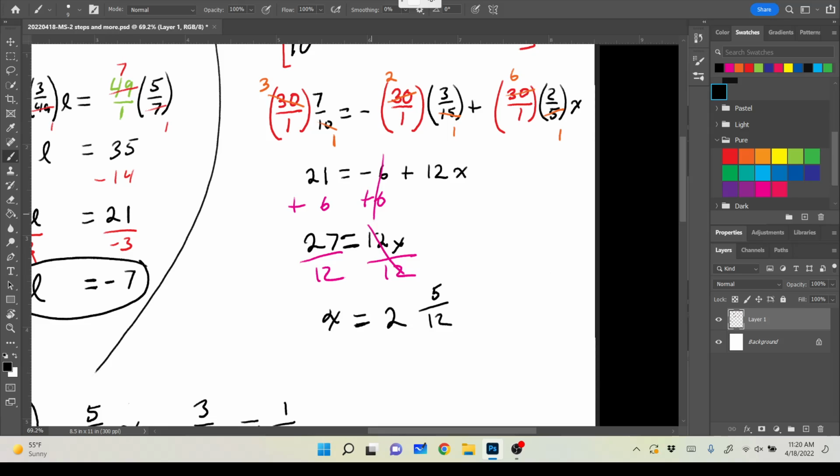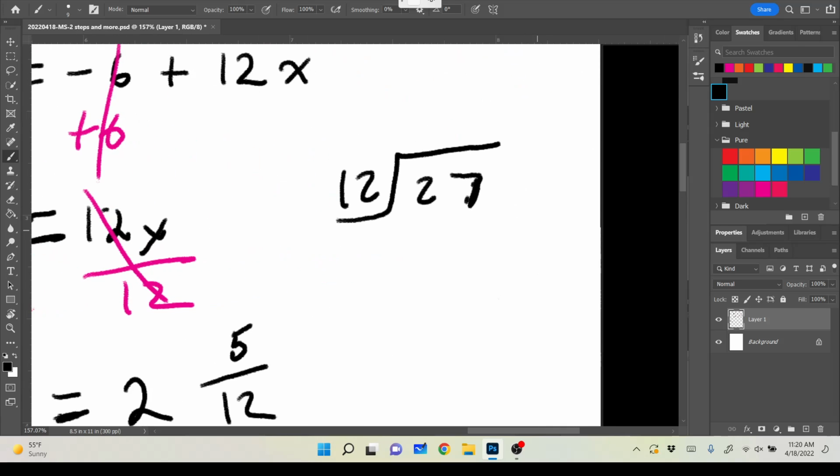There it is. Because you'd have to do 12 into 27, right? And then it'd be times 2. Oh no, I was right to begin with.